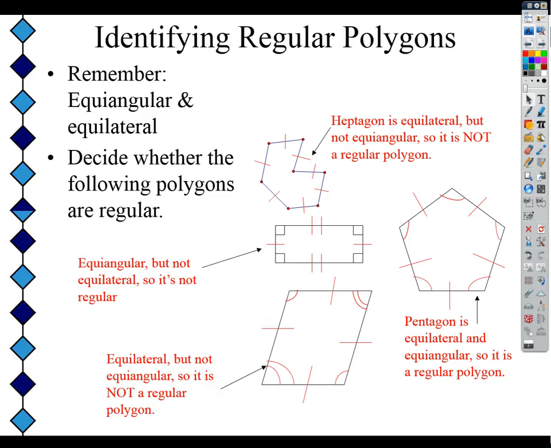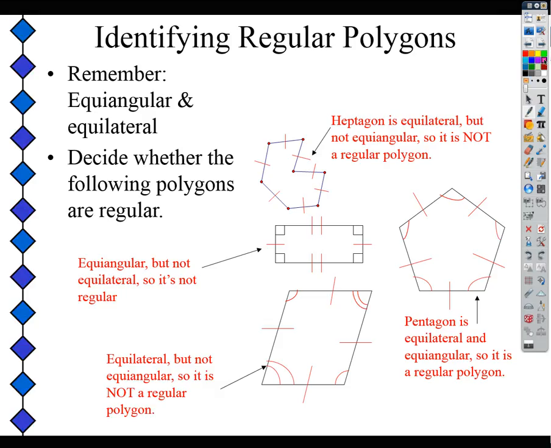What about this guy right here? Is it equilateral? What do you think, Sierra? Is this polygon right here equilateral? Yes. Okay, why? Tell me why. Equilateral means all the sides are the same length.